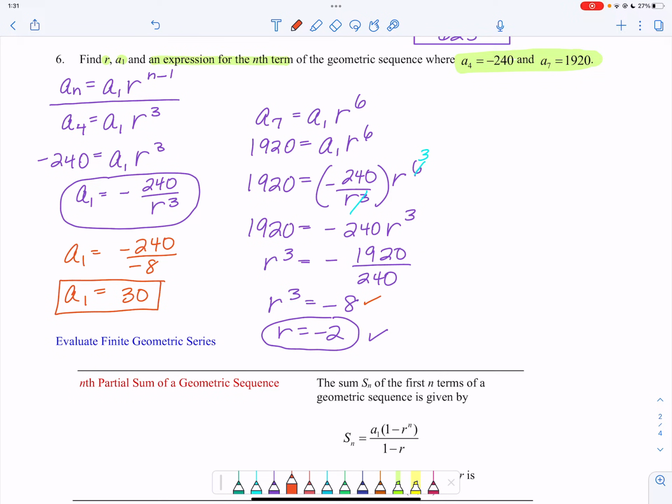Okay? And now all we need is a sub n. So a sub n is equal to a sub 1 r to the n minus 1. Whoops, a sub 1 is 30, sorry. So a sub n is equal to 30 times negative 2 to the n minus 1.